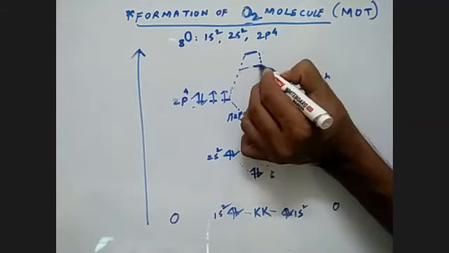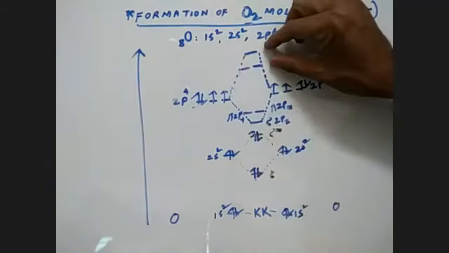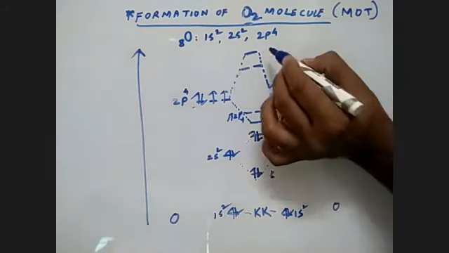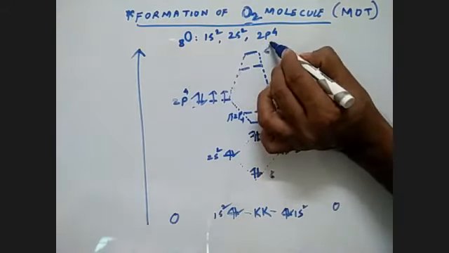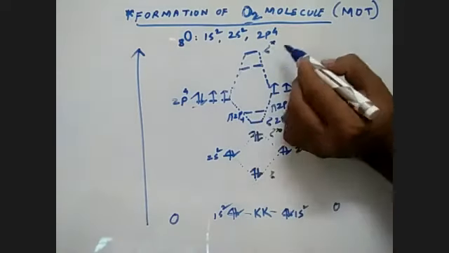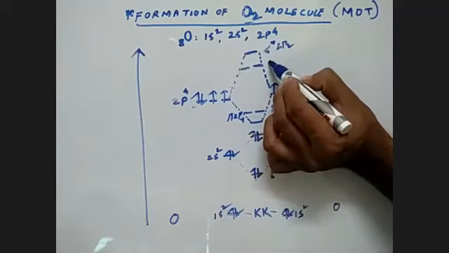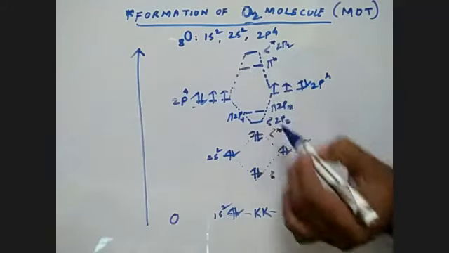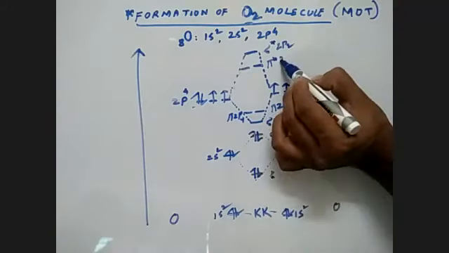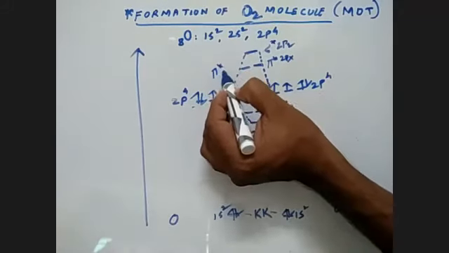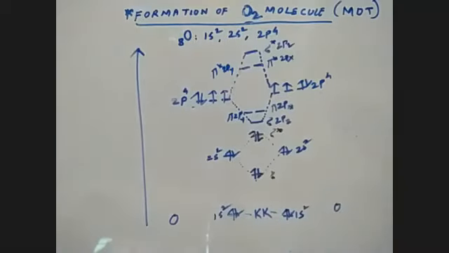And always remember, higher energy levels of MO are anti-bonding. We represent them by a star. So the high energy one will be sigma star 2p, and these two will be pi. This will be pi star 2px, and this will be pi star 2py. Okay, fine.